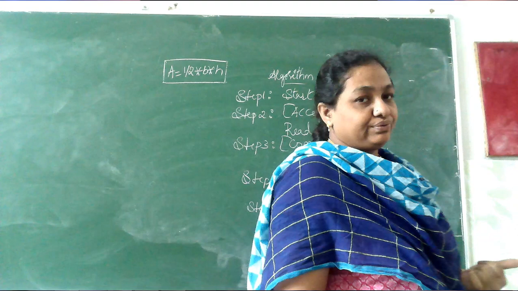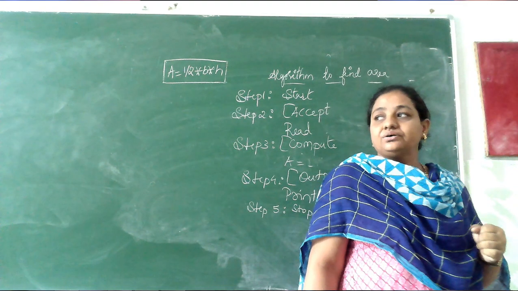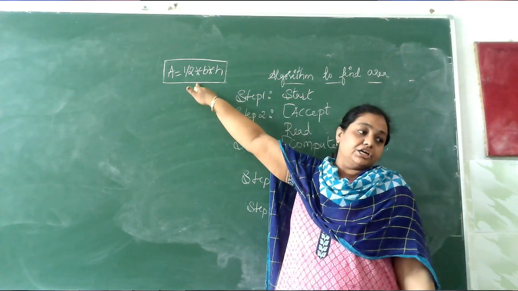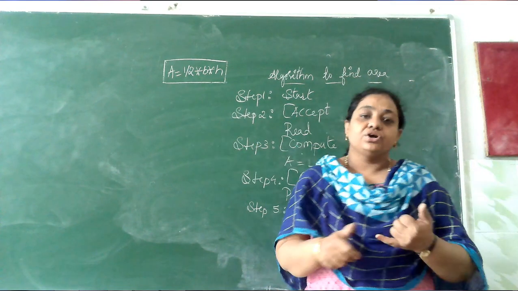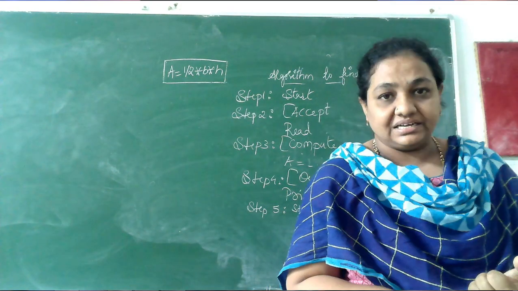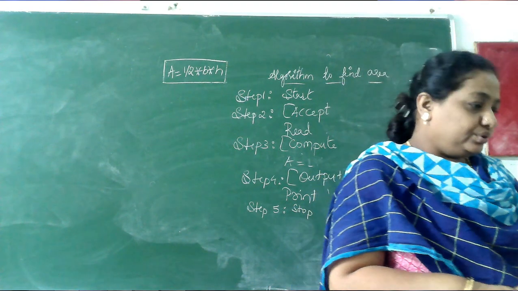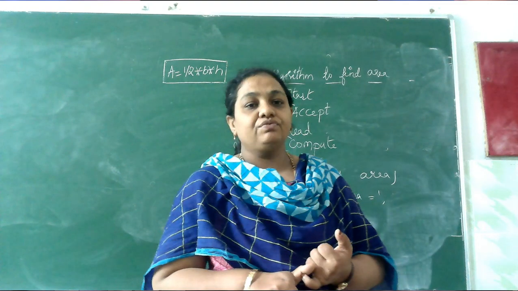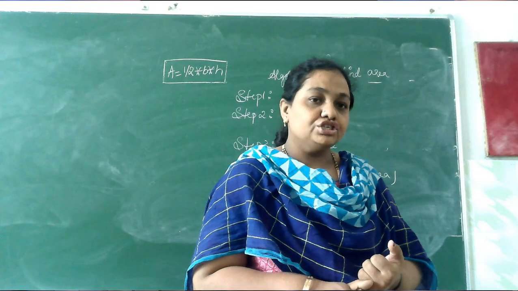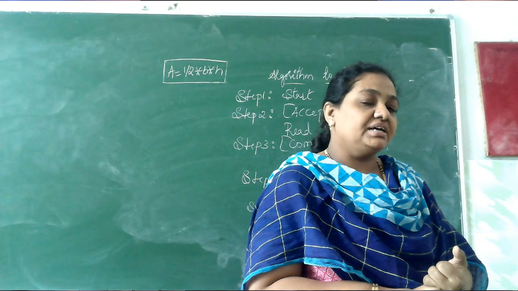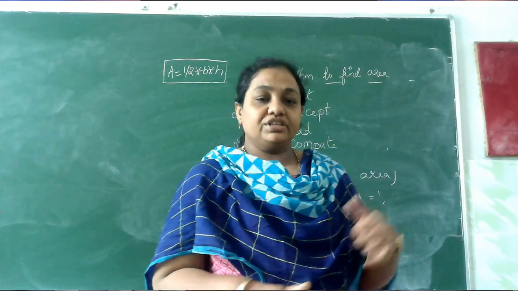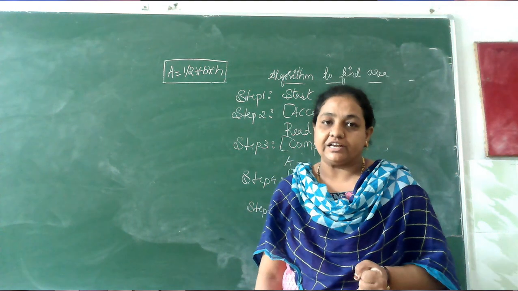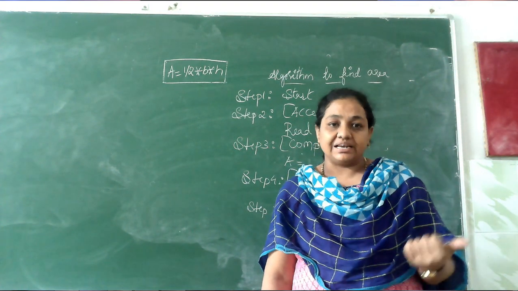When base and height is given, how we can calculate the area of a triangle, that we will be discussing now. To find the area of triangle given base and height, we will be using half into base into height. Half into base into height is the formula to find the area of a triangle.